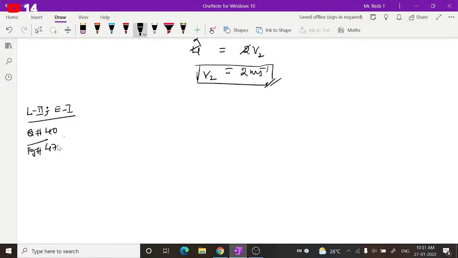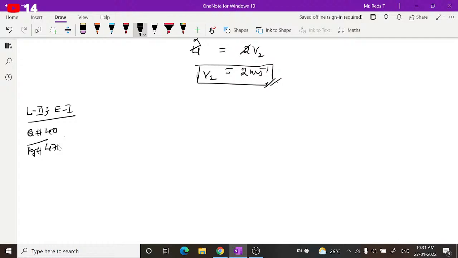Let us note down quickly what is given and what you are asked to find. There are two separate collisions, the coefficients of restitution are E1 and E2. The ratio is given: E1 by E2 is equal to 3 is to 1, that is 3 by 1.